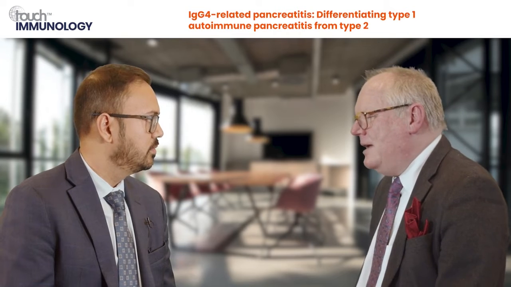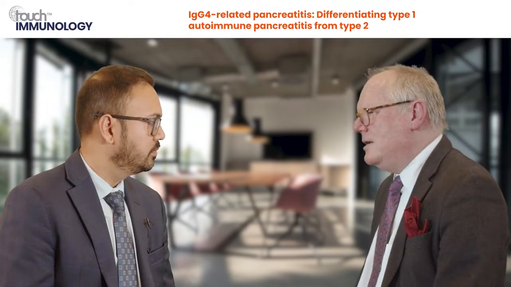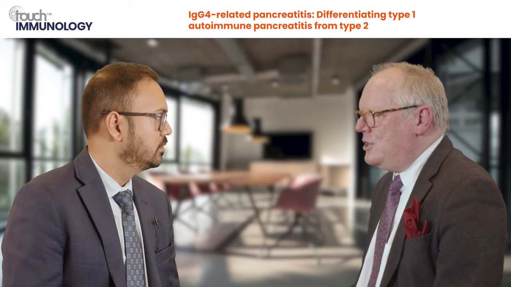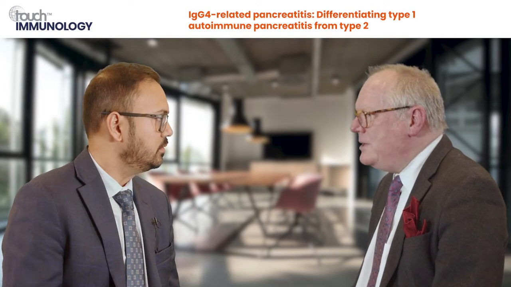Other than that, it is rather distinct from the type 1 IgG4-related disease, both in the manifestation within the gland, but then also you rarely see other organ involvement the way you see that in IgG4-related disease. Autoimmune pancreatitis type 2 has an association with inflammatory bowel disease.